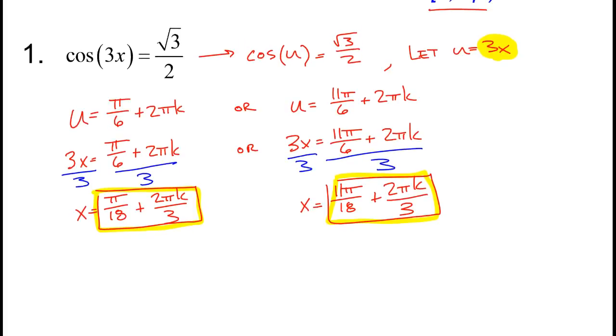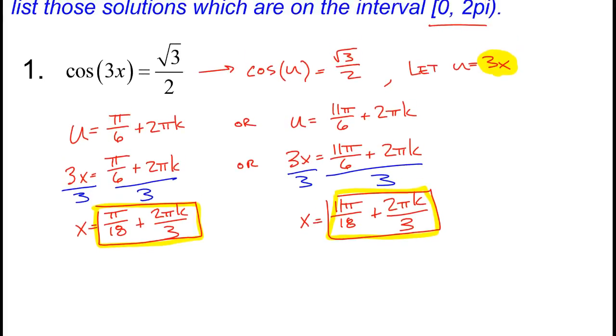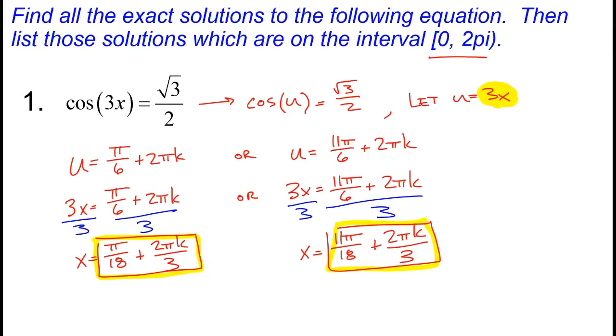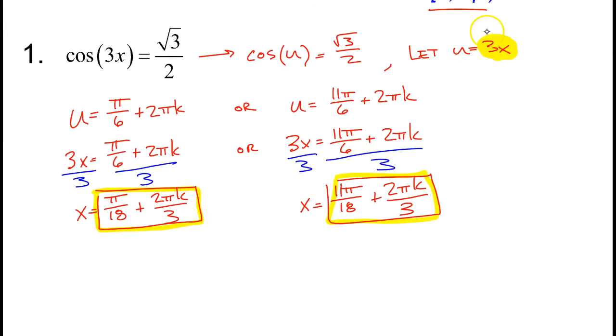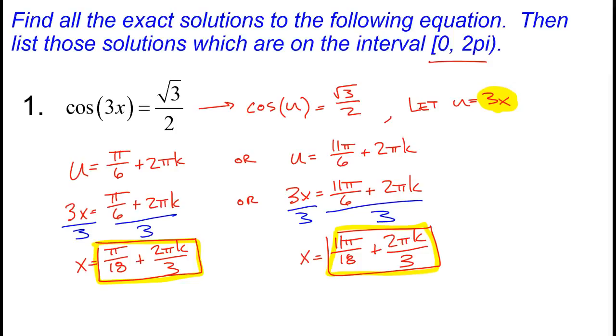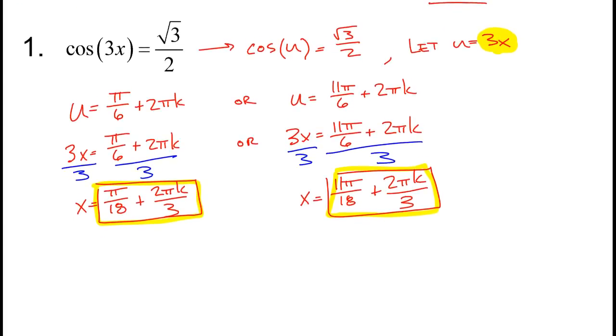But I'm not quite done, because I'm now asked to list all the solutions which are on the interval from 0 to 2 pi, and that's a little bit trickier step. So what I'm going to do is take each of these solutions and rewrite them as a single fraction. That just makes the next step easier.